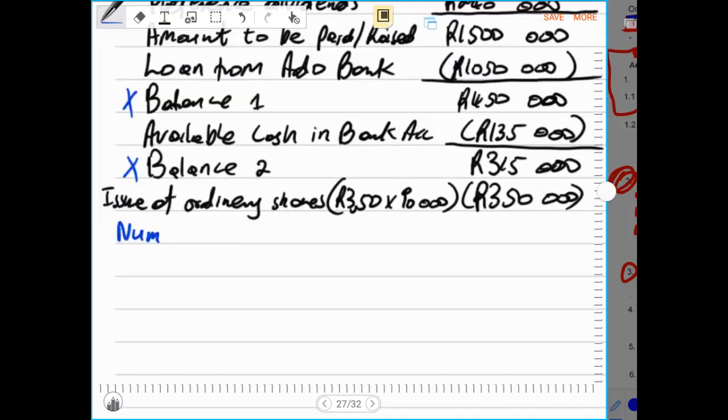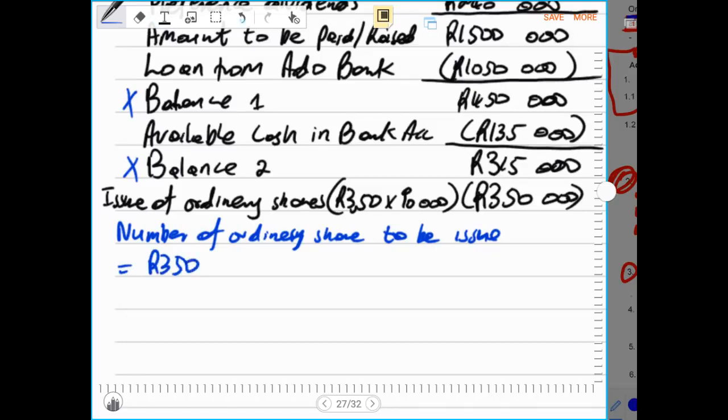Number of ordinary shares to be issued equals 315,000 rands divided by 3 rand 50 cents. That will give us 90,000.